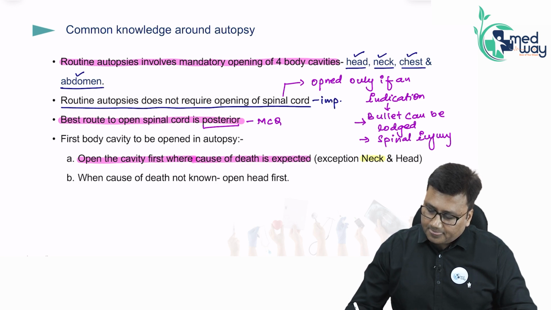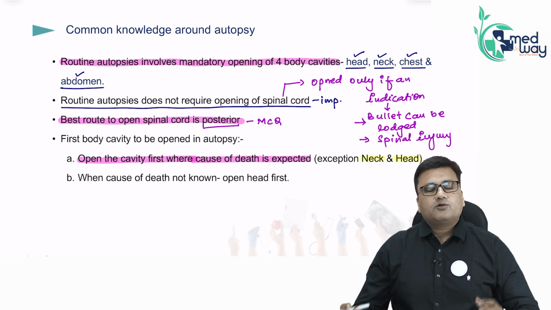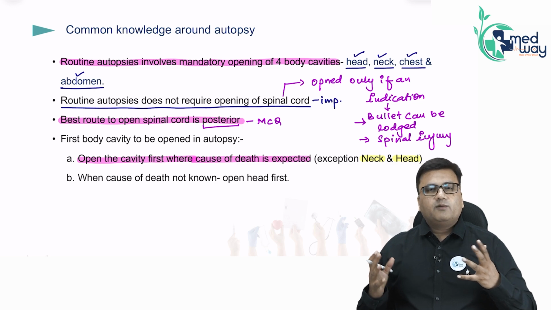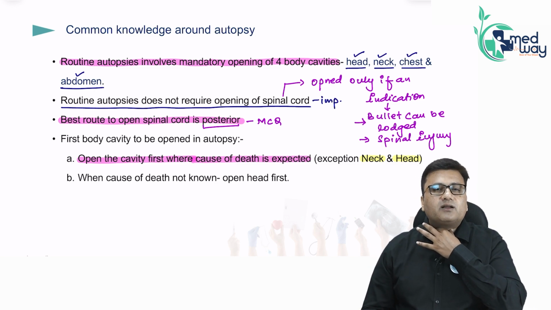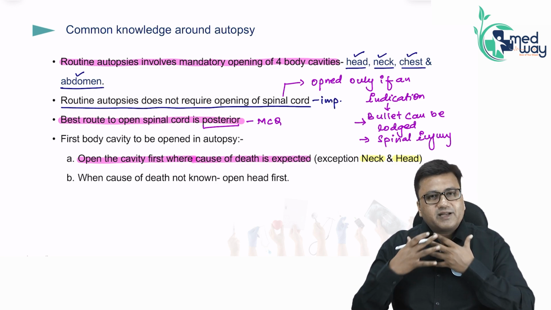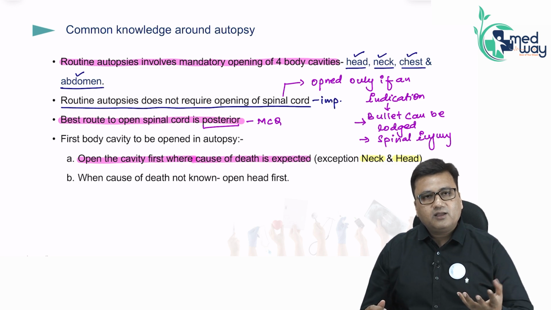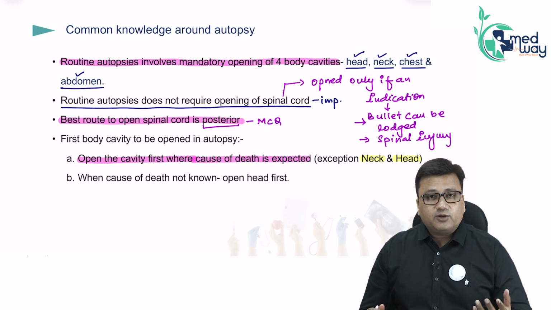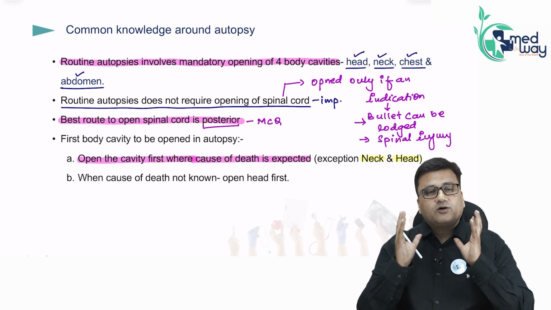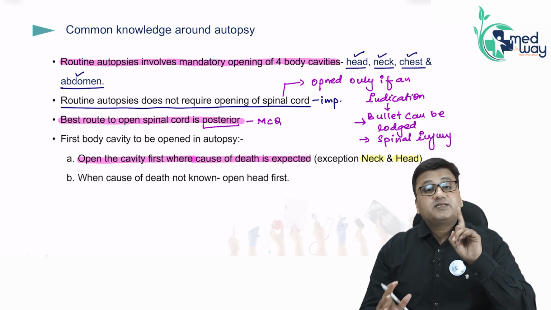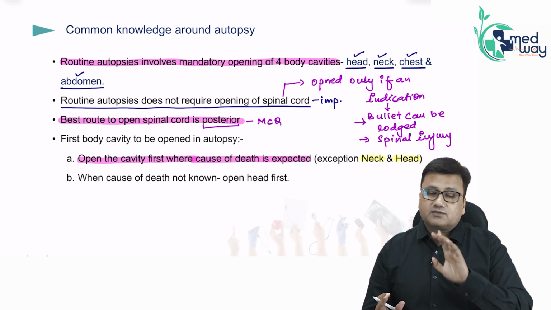The exception is neck or head. If we are inspecting a dead body where we know that there is a ligature mark in the neck, so somebody has compressed the neck, it could be a case of hanging or strangulation. We know that the cause of death has to be found in the neck, but still do not open the neck first.